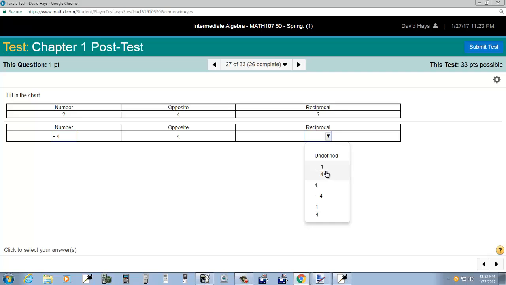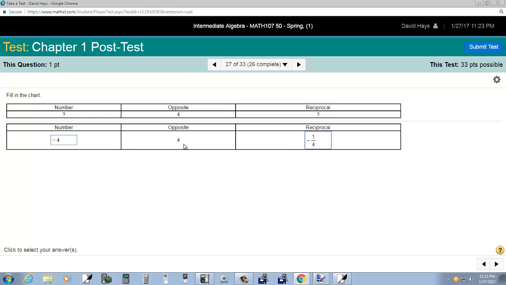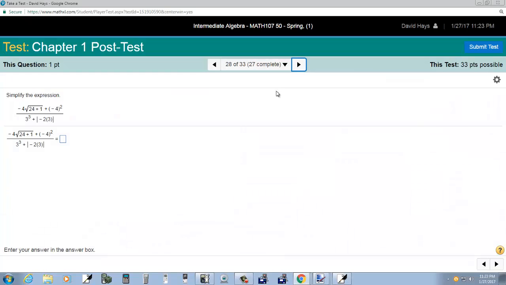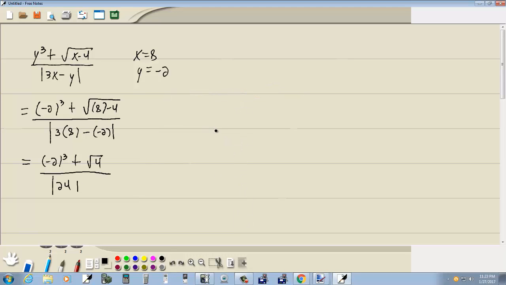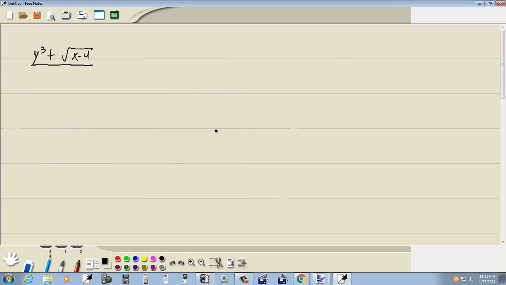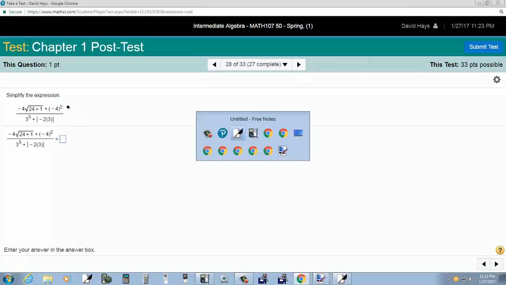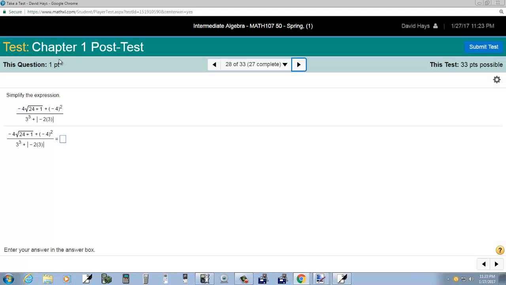I might get this one wrong. They don't specifically say what the reciprocal is. If it's this number here, then it'll be 1/4. We'll see. We'll learn from my mistake, and then as you tackle the test, you can build upon what I come up with.